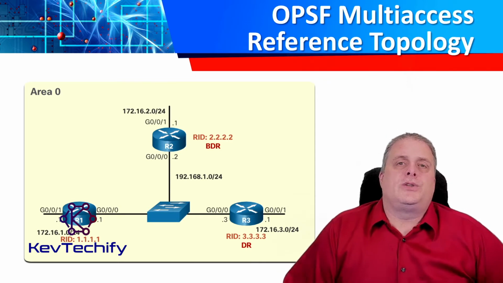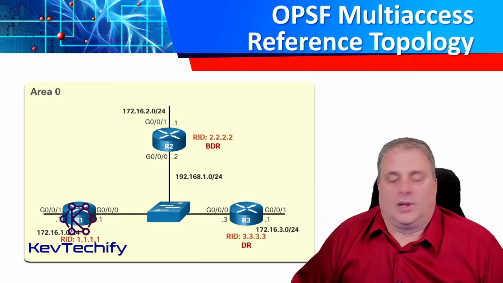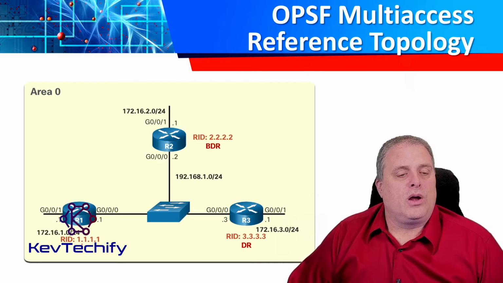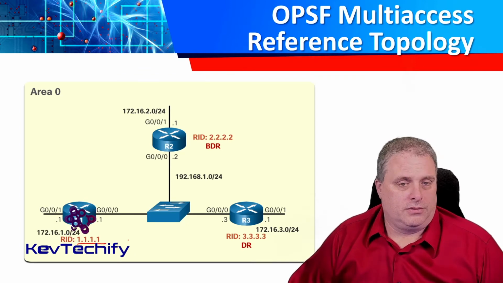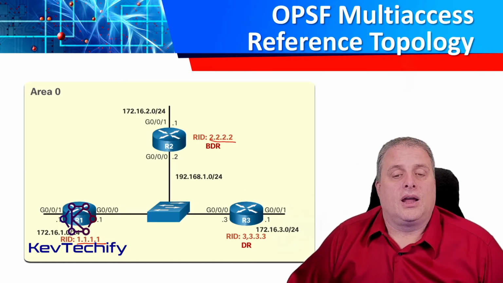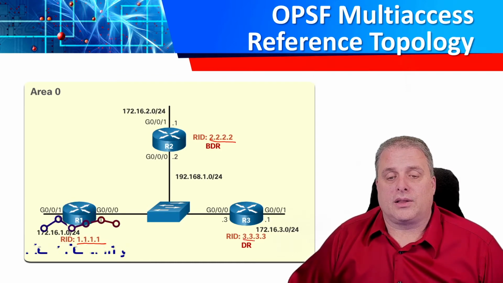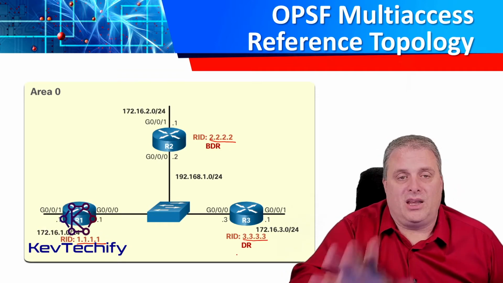You as the administrator went through and set some router IDs up on our devices. On router 1, we set the router ID of 1.1.1.1. Router 2, we set up the router ID of 2.2.2.2, and on router 3, we set up the router ID of 3.3.3.3. We did that to keep it simplified.